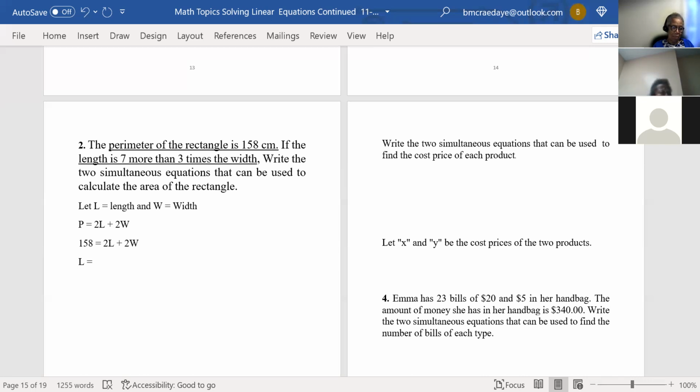Now I'm using L and W. Length is 7 more than 3 times the width, so I'd have 3W. Very good. Now 7 more than. Add, right? That's plus. So that would be plus 7. That's it. Those are your two equations. This is number 1. This is number 2.